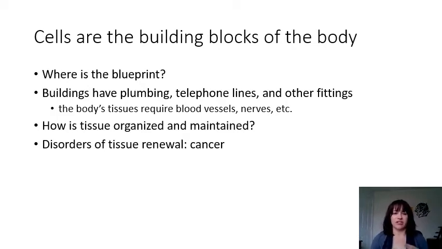Our genes are acting as a blueprint. And just like buildings have various components such as plumbing, telephone lines, and electricity throughout the house, our tissues require things like blood vessels, nerves, and immune support.